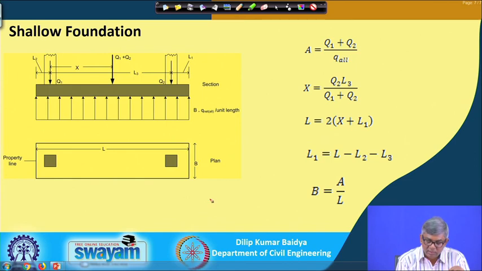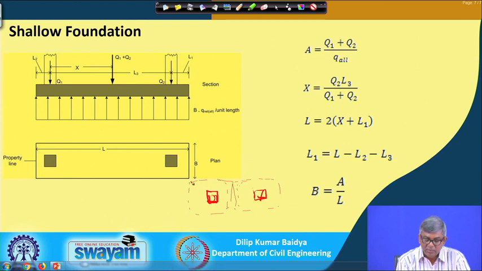Suppose there is column 1 and column 2, carrying heavy, identical loads. In that case I can make an isolated footing here and an isolated footing here, but because they cover most of the area, I can go for a combined footing.